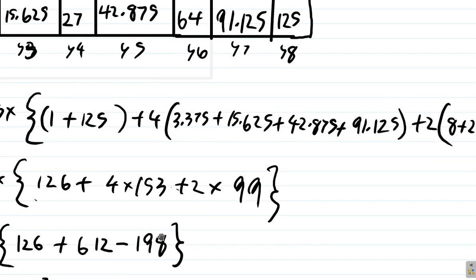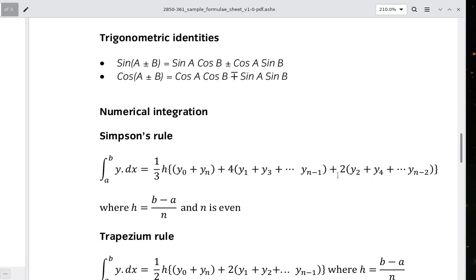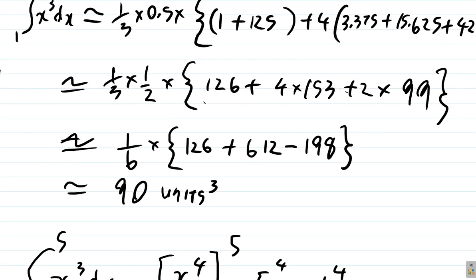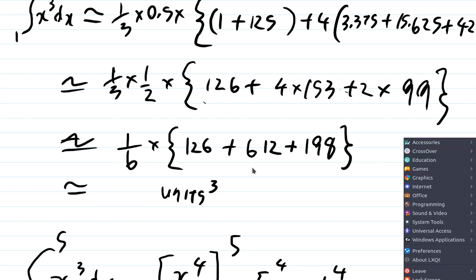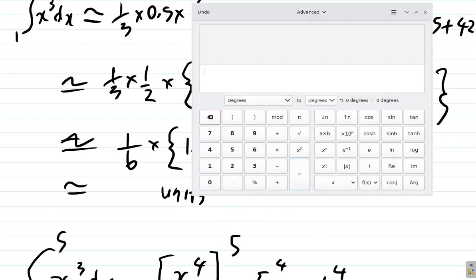Why did I put minus here? The formula said plus, and I put minus. It should be plus here. That was a mistake. Let me just redo that part again.